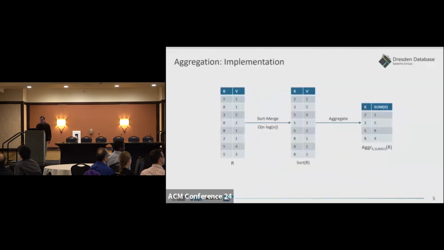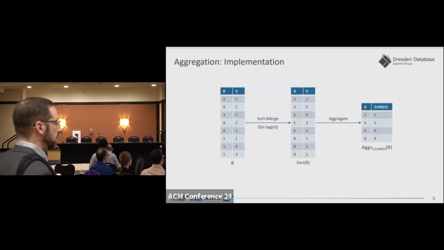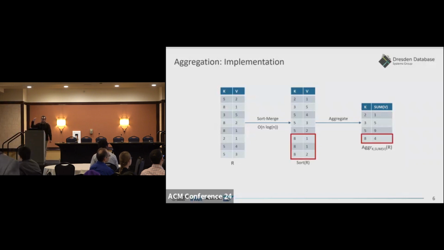Now, one of the ways aggregation is typically implemented uses sorting. So here you would sort the table, and on FPGAs, it's typically done through the sort merge algorithm, where you start by sorting parts of the table, producing sorted runs, and then you would merge those sorted runs into the final result. And then once that is done, all of the rows belonging to the same group, for example, here again, the group with key 8, come one next to each other.